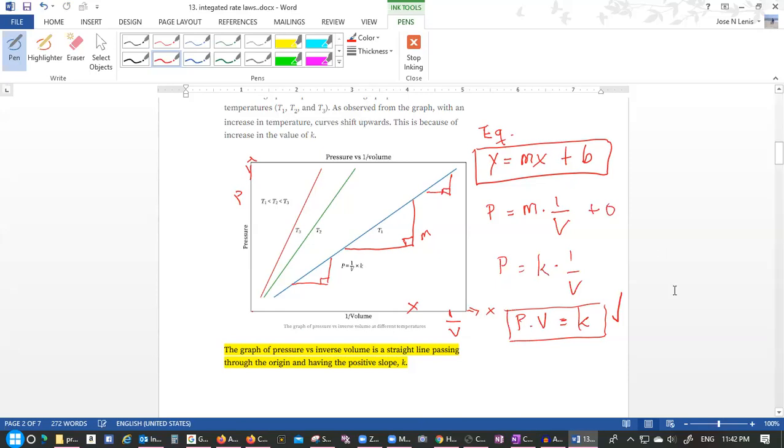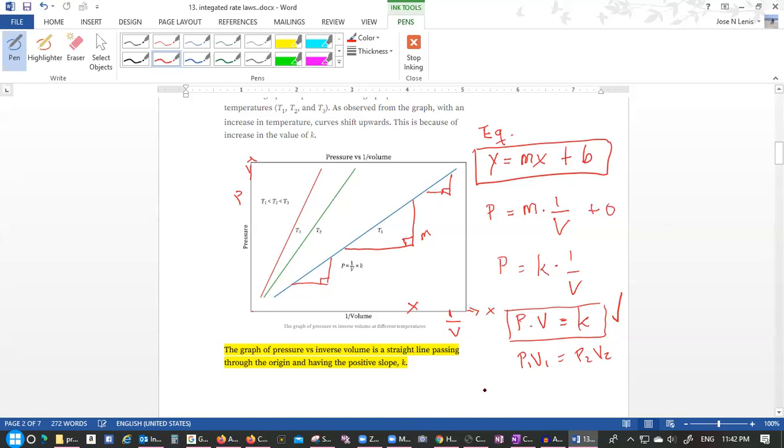And then for initial and final conditions, you will find that P1 V1 equals P2 V2, for initial conditions and final conditions. So you have a nice formula here to work with Boyle's law situations.